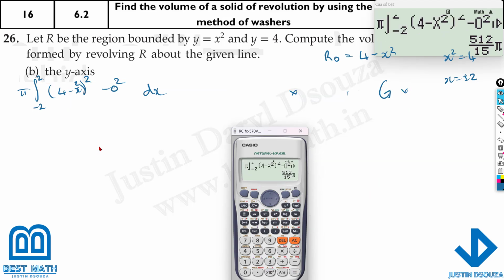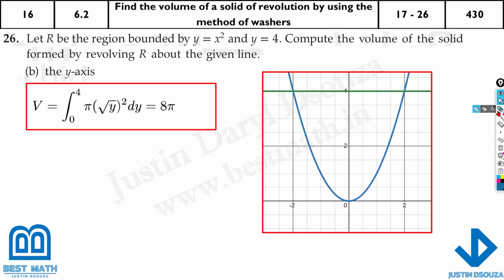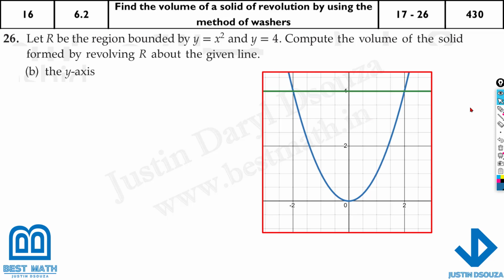So here we go. Now what if it's along the y-axis? So again, the same graph. Let's do this quickly as well. Now the y-axis is this line. It's along this axis. So here when you look at it, you're rotating along this axis. But what is the graph formed? It's not x squared.